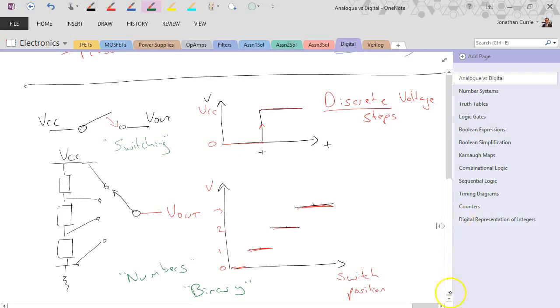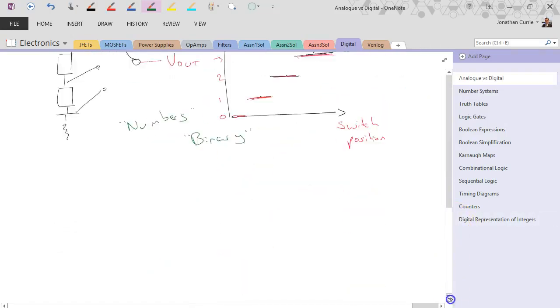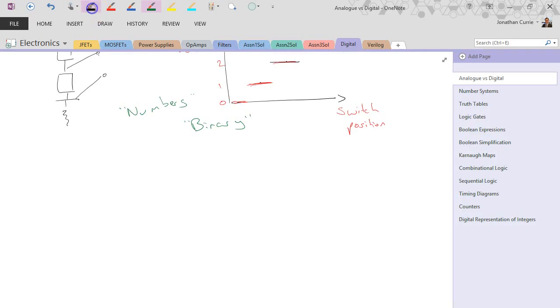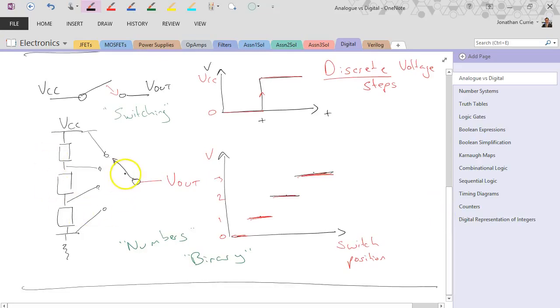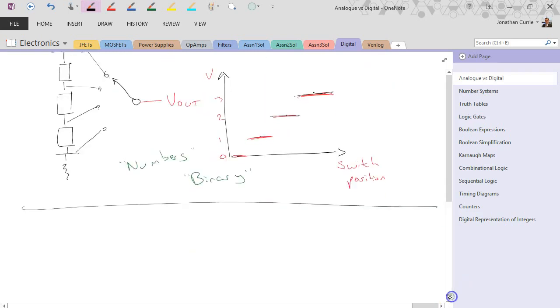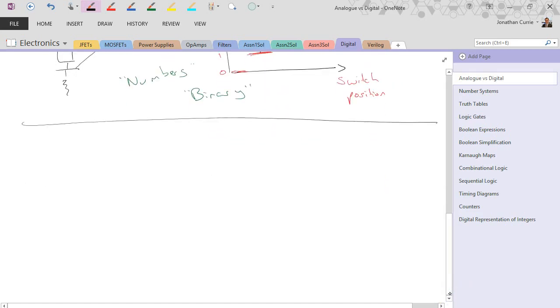When we look at representing digital values within a circuit, although I've said this is digital up here, normally we're interested between 0 and 1. Those are our normal digital quantities. So the 0 state and the 1 state.